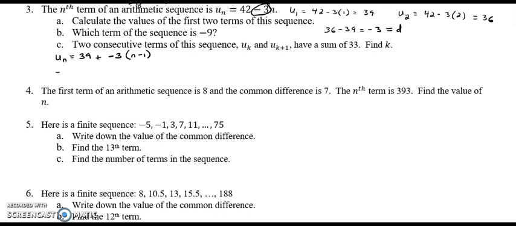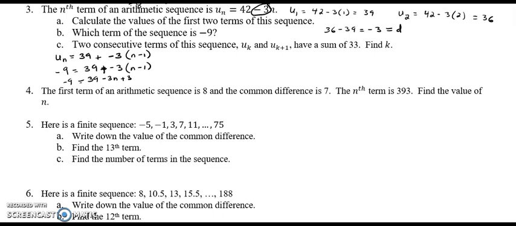Well, let's plug negative 9 in as this, and what I'm going to solve for is n. So, n minus 1. I could distribute. Well, that was supposed to be a plus right there. So, 39 minus 3n plus 3. So this would be, you know what I could do? I could have used that formula.